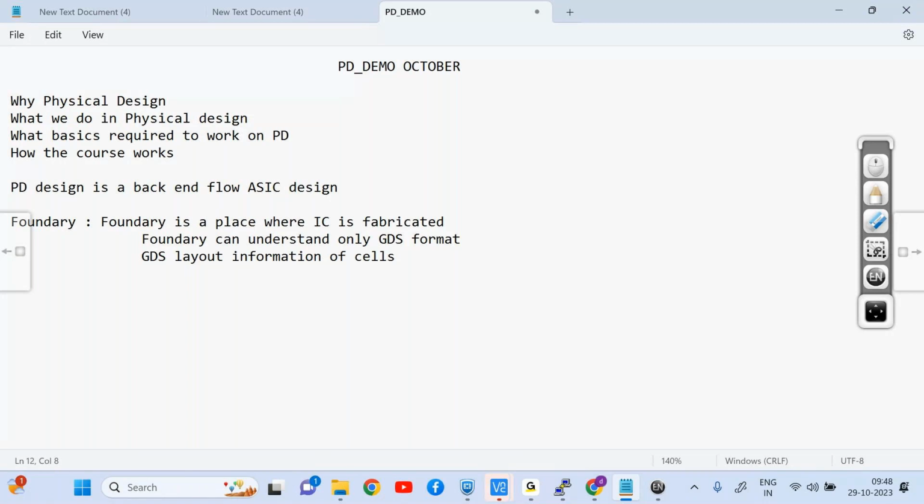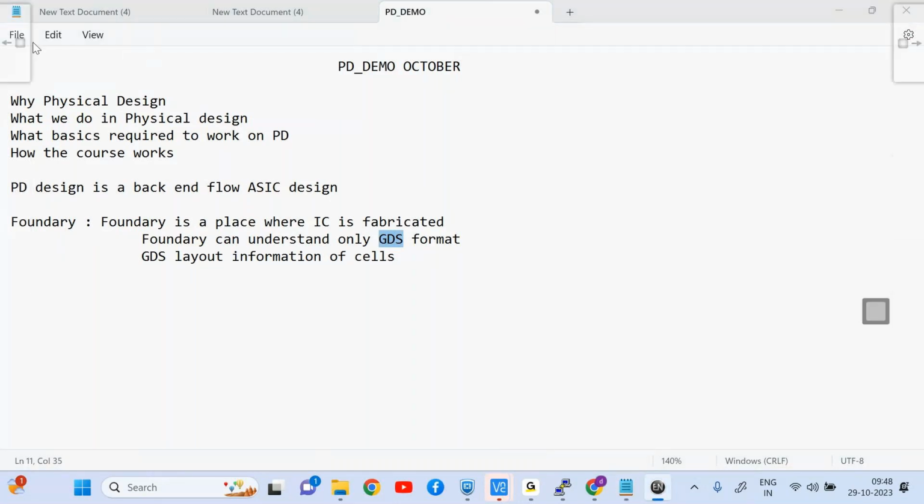That is what works. So physical design comes one step before generating the GDS file. After physical design, generate the GDS file and send to foundry. So to understand the exact role of physical design, we have to understand the ASIC design flow.